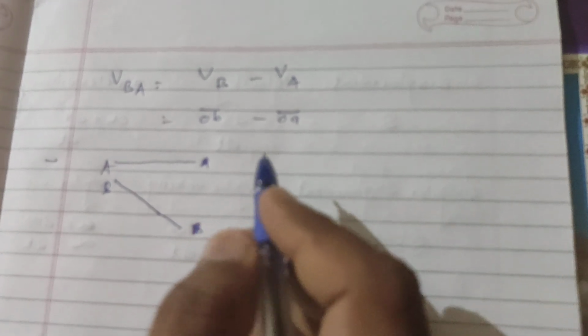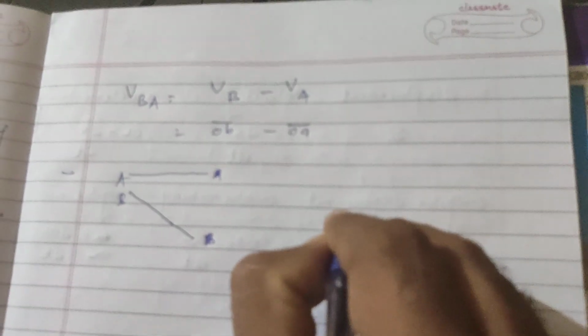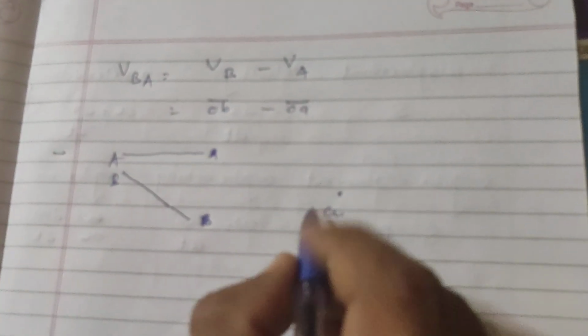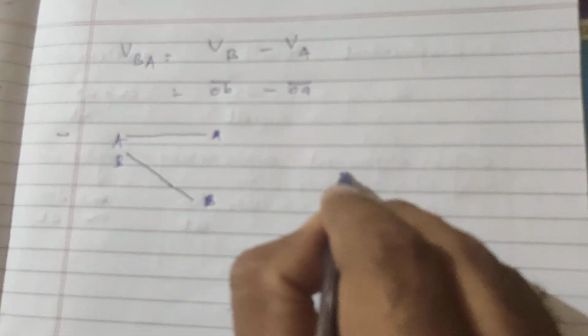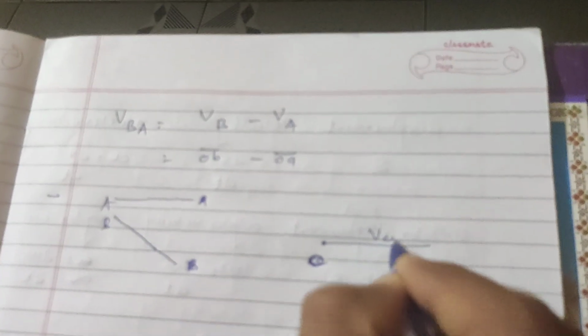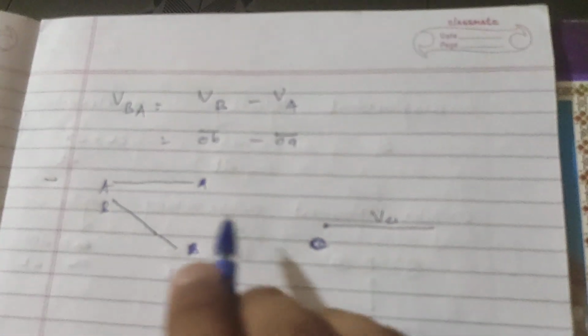So here we have to draw two bodies. Now consider any fixed point O. From this fixed point, draw one line parallel to body A, which has velocity VA.